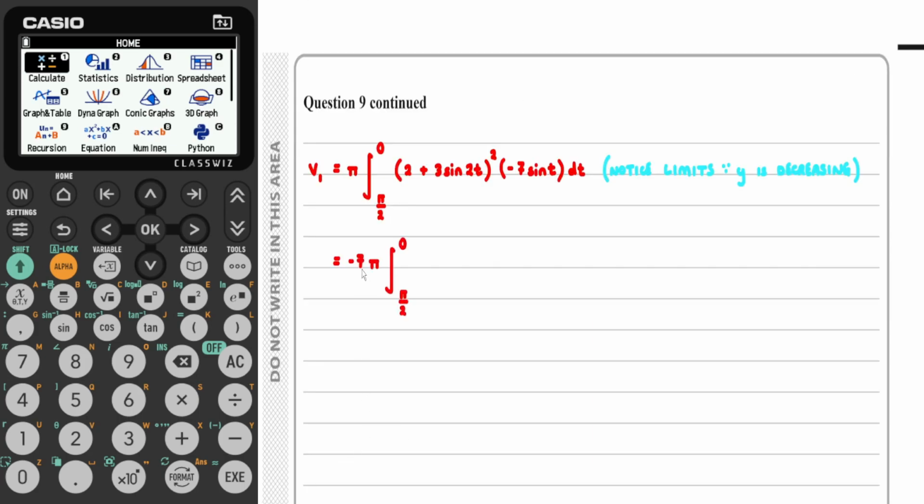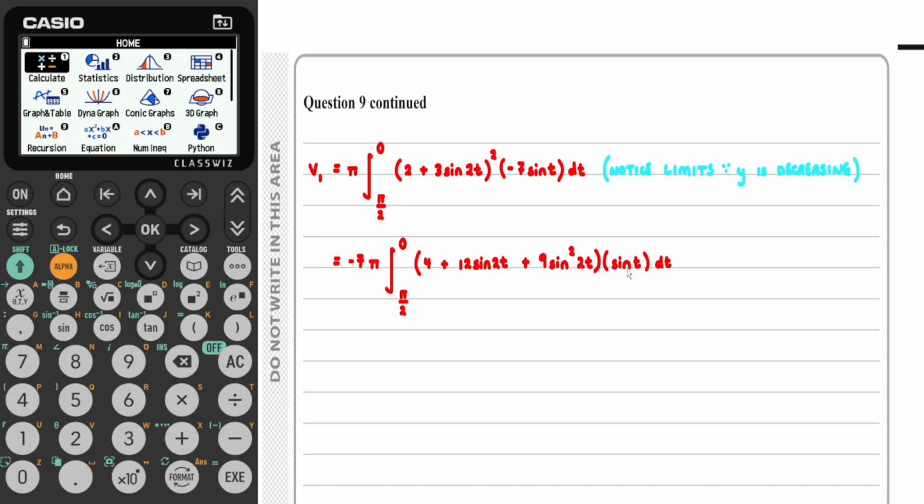So I've got negative 7 pi times the integral from pi over 2 to 0, and the reason we've got this negative 7 is from here. Now (2 plus 3 sine 2t) squared, that's 4 plus 12 sine 2t plus 9 sine squared 2t, multiplied by sine t dt.